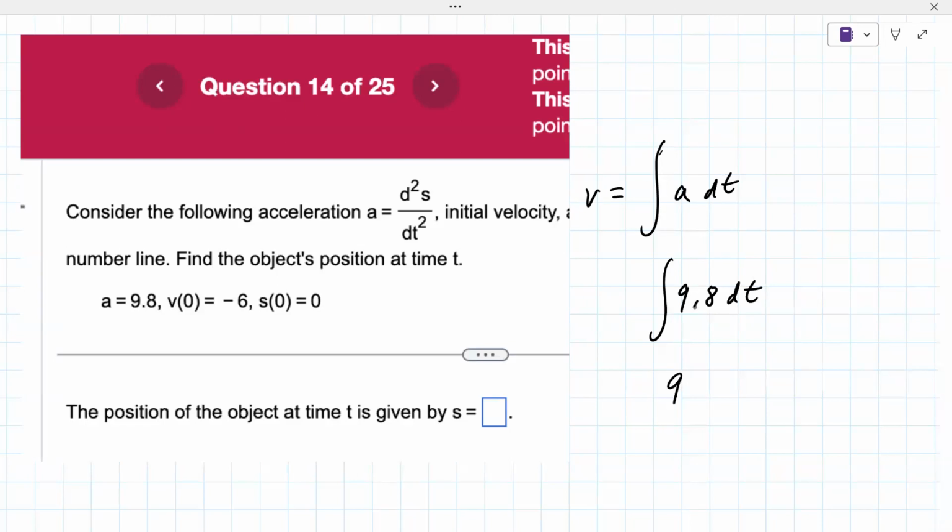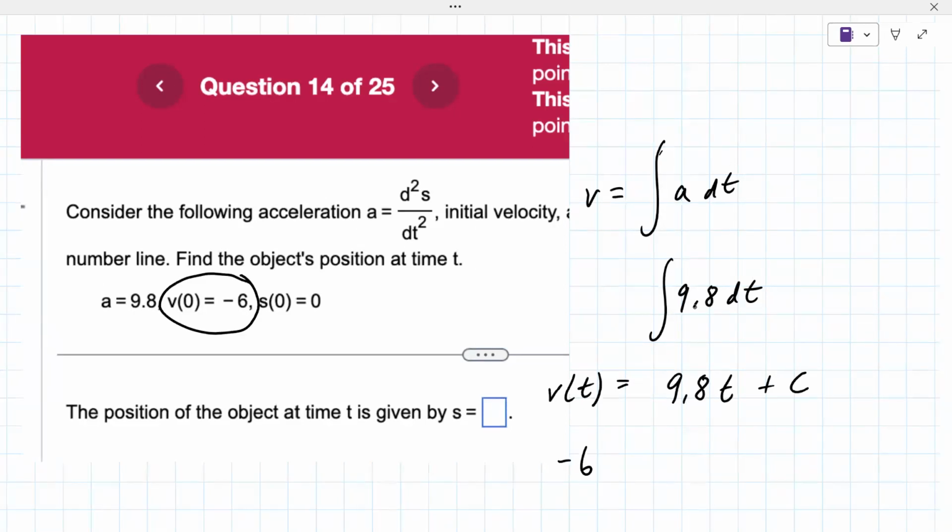We integrate that and you get 9.8T plus C. So now we know that V of 0 equals -6.